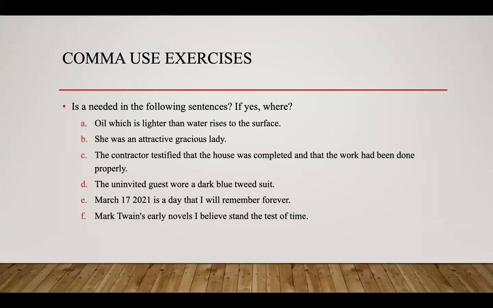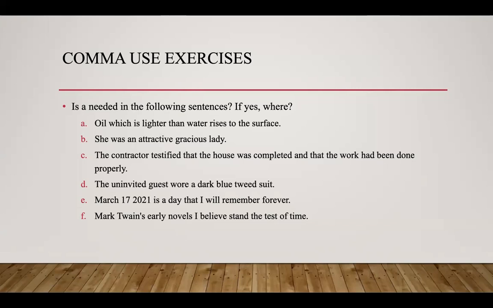So we're dealing now with F. Do we need a comma here? In F: Mark Twain's early novels, I believe, stand the test of time. If we need commas, where do we place them? If you notice the phrase, I believe.